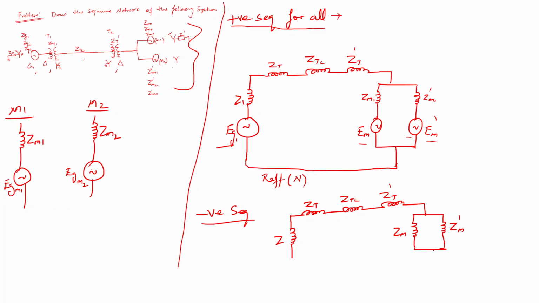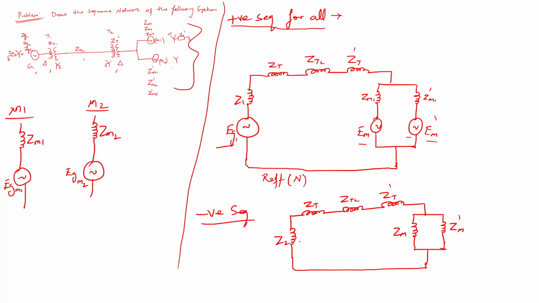Now I want to number this. So what number should I put for this generator? Z2. We don't want to mention the value for Z2, and then yes, it is ZG2 or Z2 we can put, because ZG2 represents the generator.